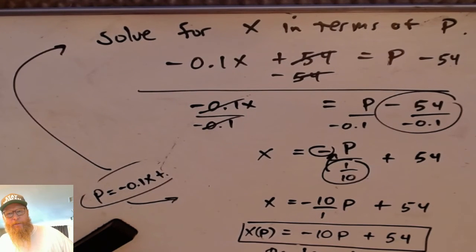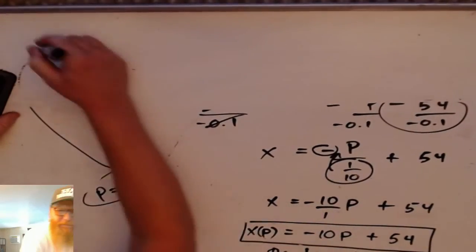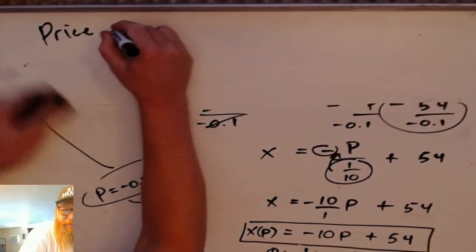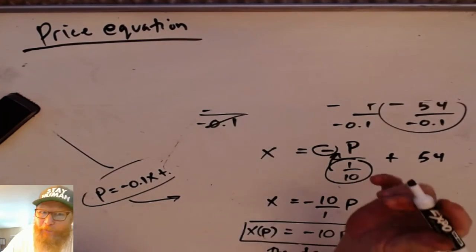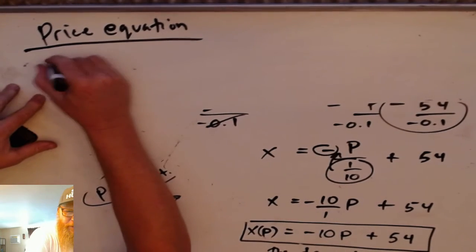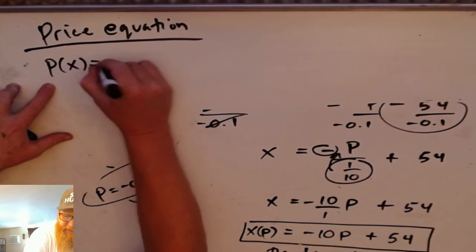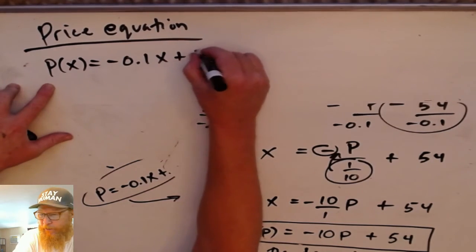All right. And so that's why we call this price and demand. So let me put them side by side. Price equation, or price function, same thing. Also called a price model. I don't want to write all those words down, but they all mean the same thing. P of X equals negative 0.1x plus, what was it, 54? Yeah.